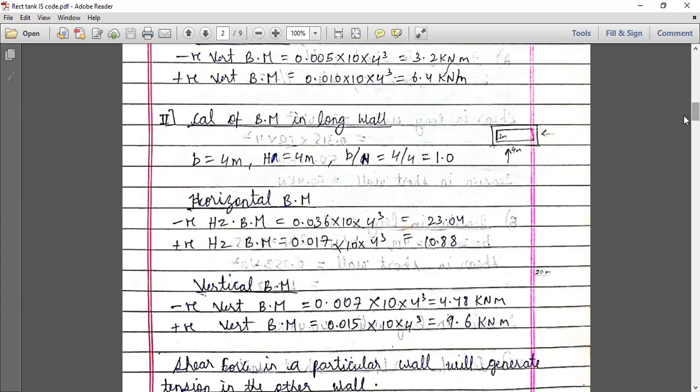First negative, horizontal में negative and positive. Similarly in vertical bending moment it will be negative and positive. Okay, so make a note of this.